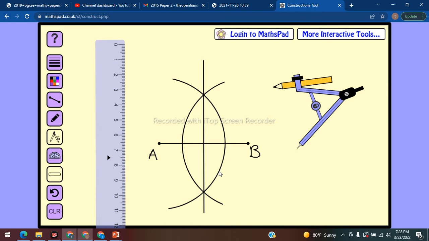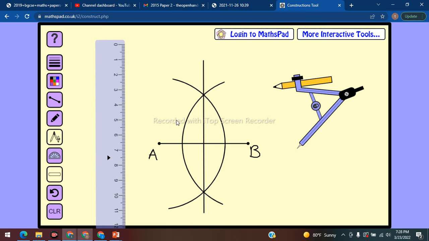Mr. Petit? Yes, ma'am. When we draw a straight line down the middle, does it have to be in line with C too, like coming across C? No, it depends on how it's constructed. I don't have the other stuff there. If C was up top, would it have to be lined up with C? They don't have to be.